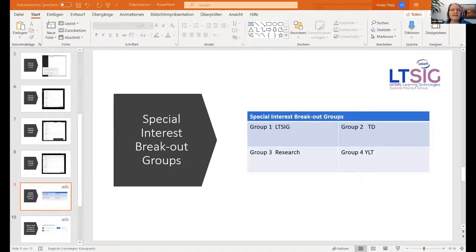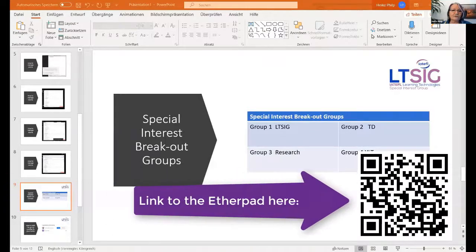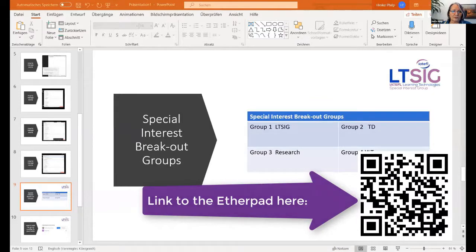Phil, do you have that link to the Etherpad handy? If not, I can do it as well. One second, I've got the Etherpad. If you could all take this Etherpad with you to share resources and share help that you find in these times.